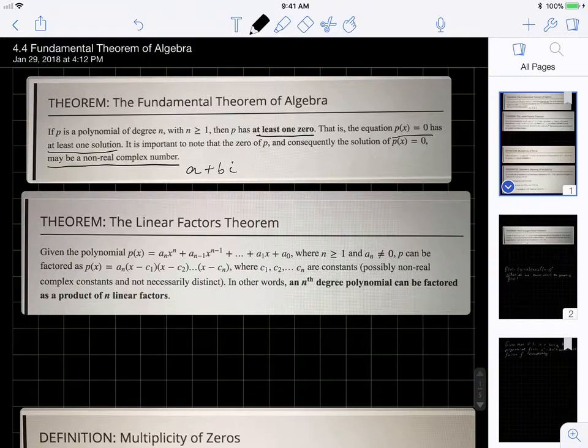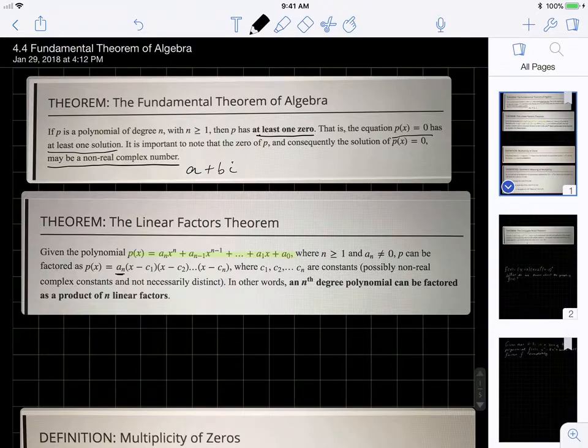Next, the linear factors theorem states that given the polynomial p of x equals a sub n x to the n, and so on and so forth, till we have a constant, where the degree again is at least 1 and the leading coefficient is non-zero, then p can be factored into linear factors.